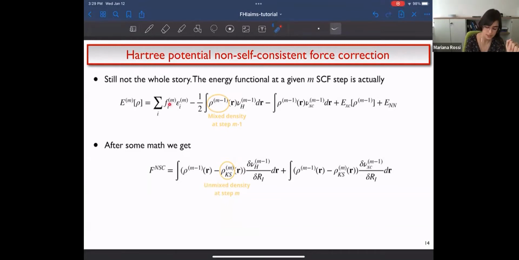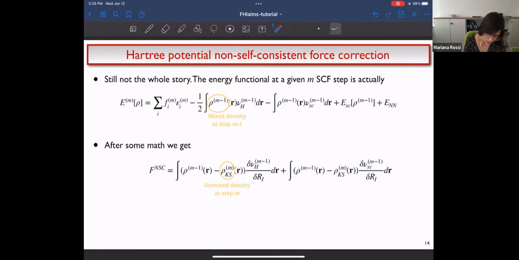So here my self-consistent step is given by these M indexes. M is the step I'm in, where I'm evaluating this energy functional, and M-1 is the previous self-consistent step. And this is the mixed density in step M-1 that you use to build all your potentials that then go into the Kohn-Sham Hamiltonian and are used to get the eigenvalues at that step.